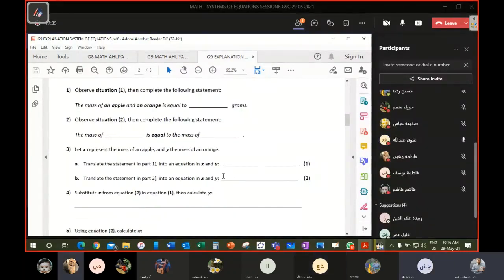The mass of one equal y. Fatima Wehbe: X equals 3y. Very good. X equal 3y. So here we got two equations.